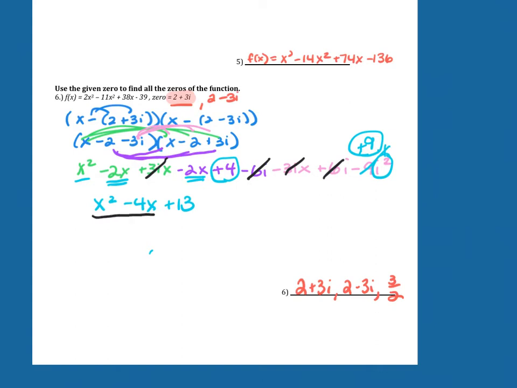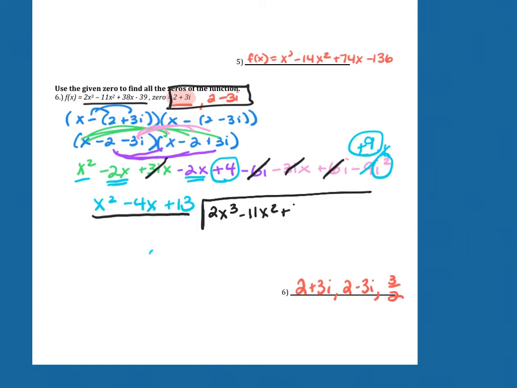Now, this is what happens when I multiply these out. There's still one more root there. So I'm going to take this expression and divide it into my initial one: 2x to the third minus 11x squared plus 38x minus 39.